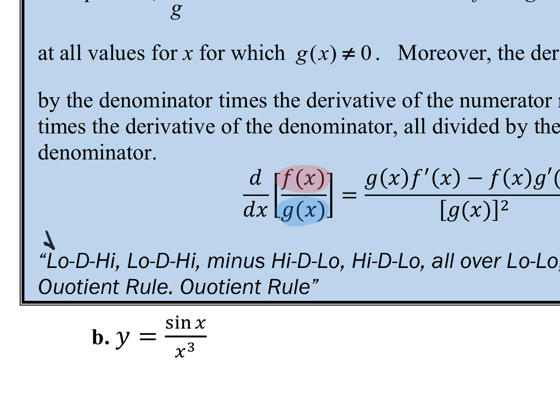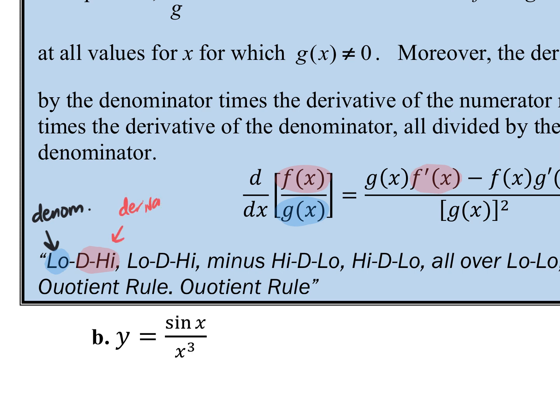So this phrase of low is our denominator, or our g of x in the bottom there, okay? D high, if I look up here, I'm taking the derivative of the numerator. So the derivative of the higher term, right? The numerator.